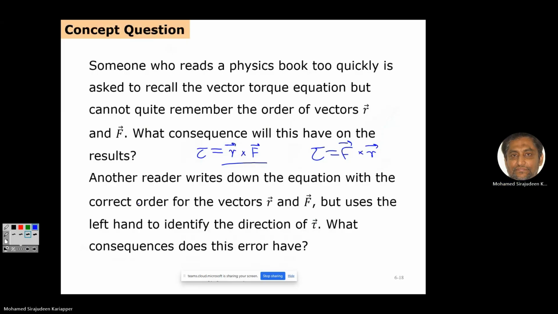For R cross F, you stretch your fingers along the first vector, not along the second vector. If you used the second one as the equation, you would have to put the fingers along the vector F, not along the vector R, and then the direction will be opposite. So you don't use that. That is wrong. The order is important. So the torque is equal to R cross F. That's all this question is about.